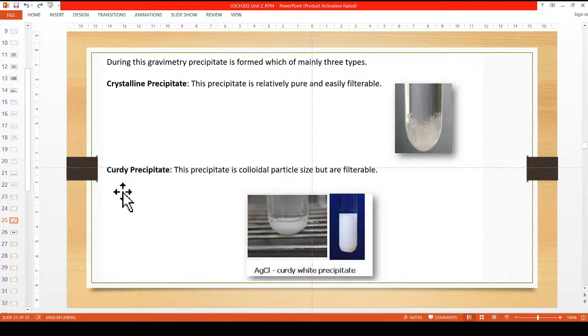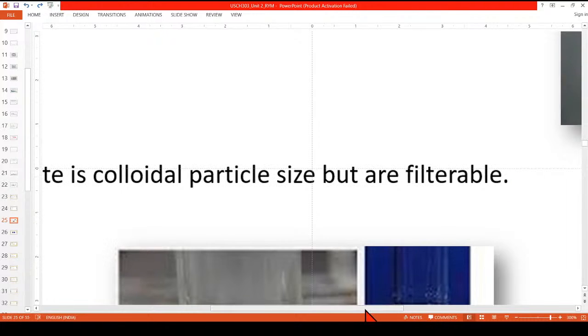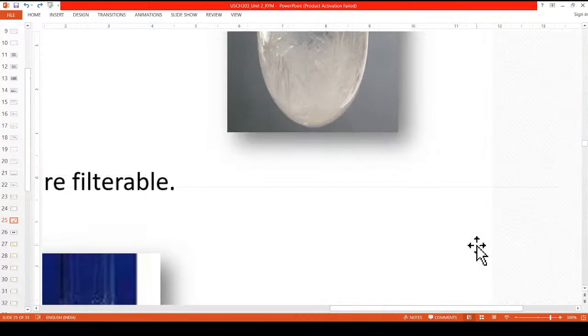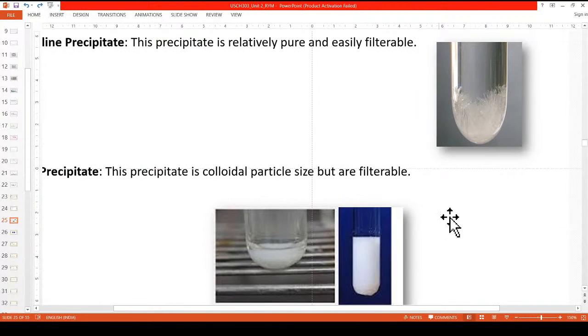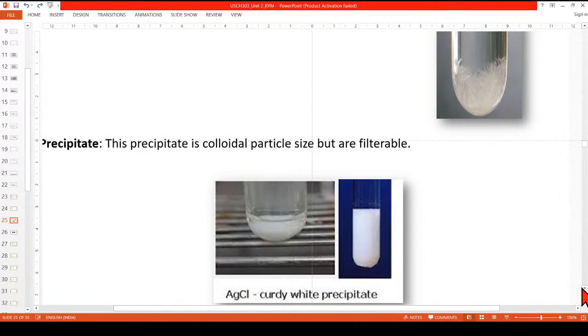Then nature of precipitate. If you have a crystalline compound, it will look like very clear crystals of your compound. If you have an amorphous substance, it will look like the amorphous one. Curd looks amorphous, curd is amorphous in nature. And the big-grained salt is crystalline.